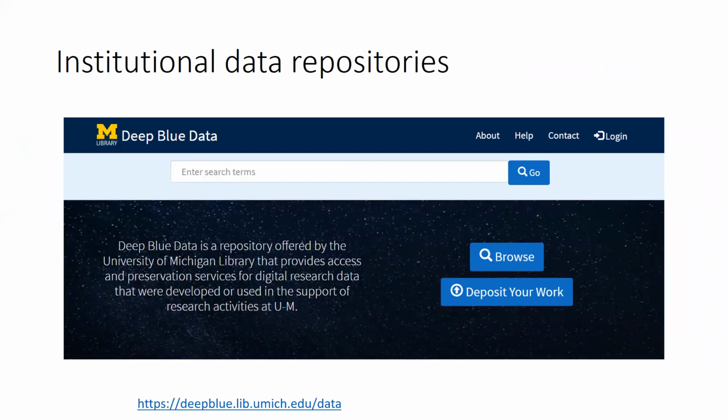At U of M, of course, we have access to institutional data repositories, and I think that this would be a real strength for the journal. I know that you're going to be using Deep Blue if you're not already with archiving with Michigan Publishing, and Deep Blue Data is just another flavor of a repository. It's built specifically for code and data sets, and I think that one thing that could be good is to encourage your authors, if they're going to have a data set that's going to be made available with the publication, to use Deep Blue Data.